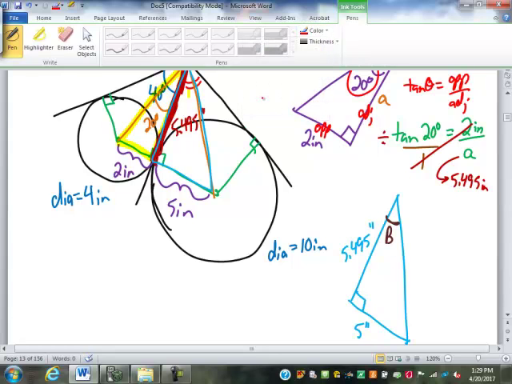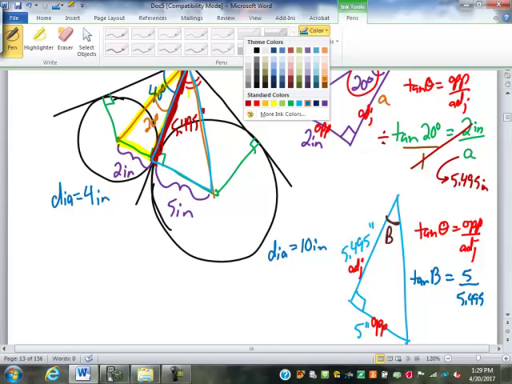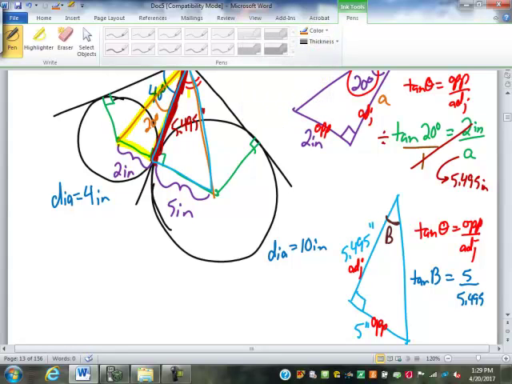What side do we know? This is the opposite, and this is the adjacent. We actually know 2 sides. If we're looking for an angle, we have to know 2 sides. That would be the tangent again. Let's fill in tangent. We don't know the angle this time, so it's tangent of B equals, opposite is 5 over adjacent of 5.495. Now, since we're looking for the angle, we don't have to put in the over 1 and cross multiply and divide, do we?